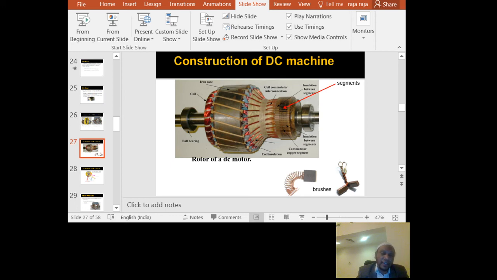This is really the carbon brush with the spring. It is connected to the commutator when the machine is rotating, and because it is a flexible type, it also moves with the spring, and the generated EMF is transferred through the carbon brushes only. So the real carbon brush picture is given so students can understand.